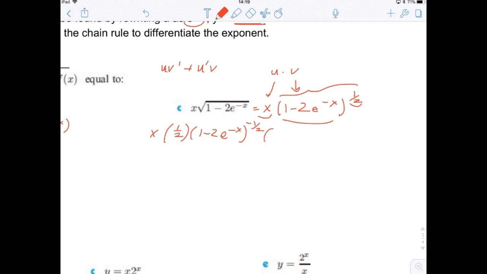Then we do the chain rule to the inside, and we get positive 2 e to the minus x. Then we do u dash v. U dash is the derivative of x, which is just 1. And then we just repeat this big expression here to the 1/2 power.